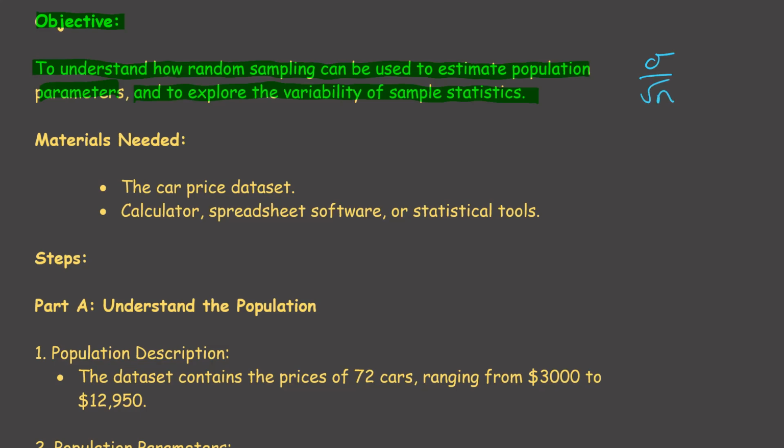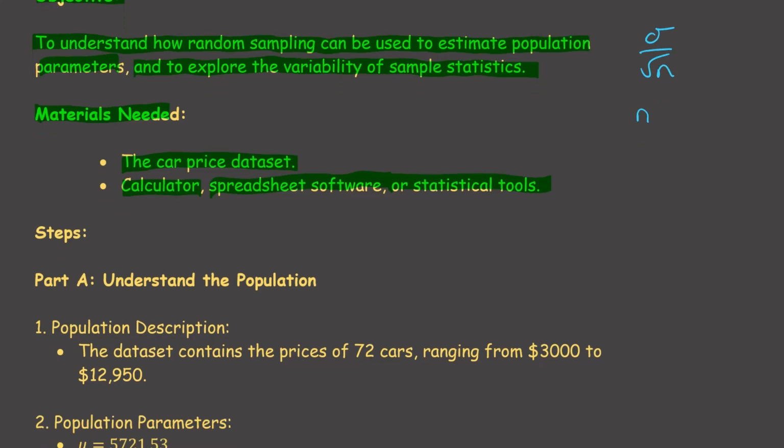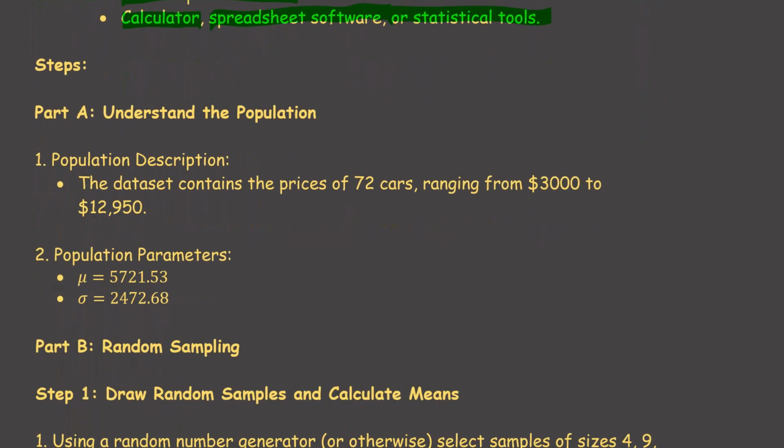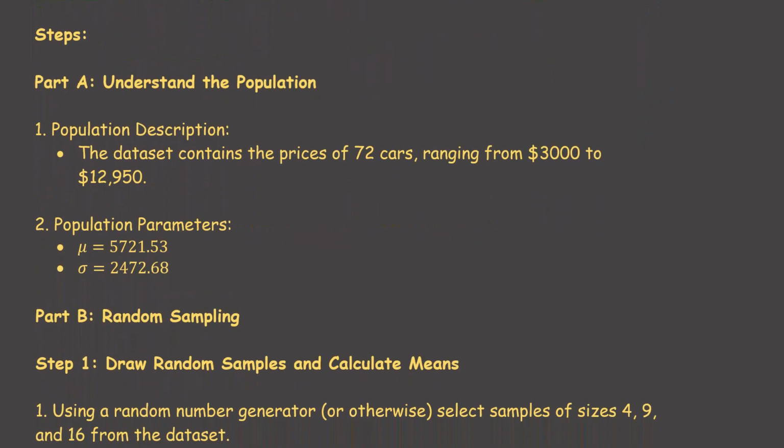And we're going to be looking at the shape as we vary the value of n. Materials needed: the car price dataset, which was above, calculator, spreadsheet software or statistical tools, and as we'll see in the further investigation, I've used some Python to have a look at this as well.